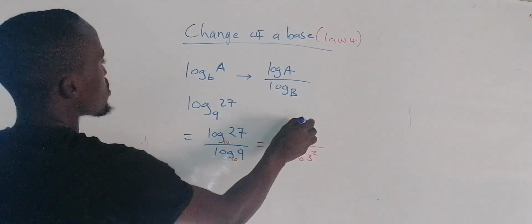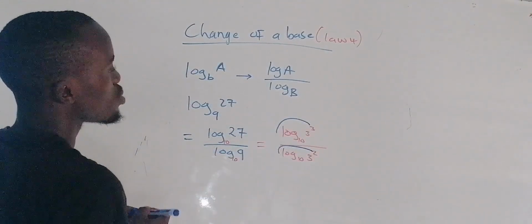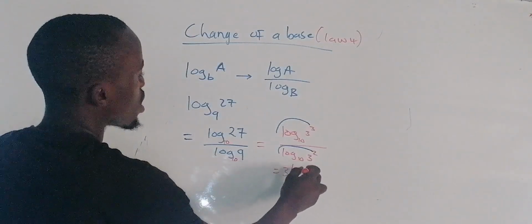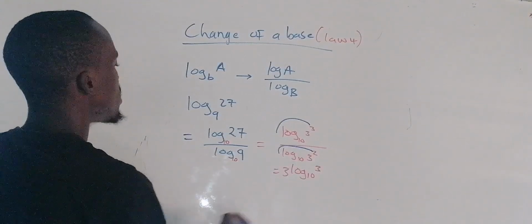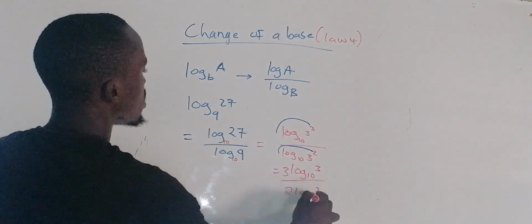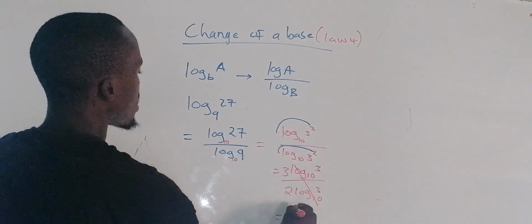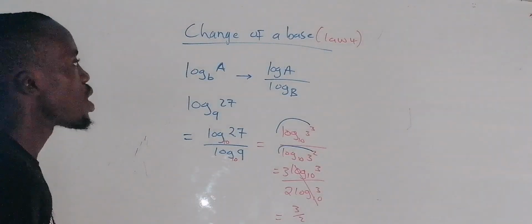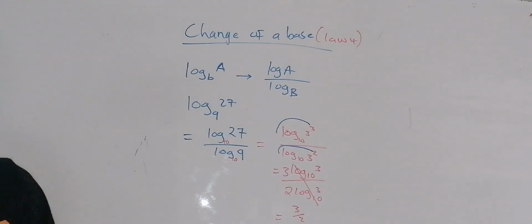So this becomes a coefficient 3, and that becomes a coefficient 2, meaning that we have 3 log 3 base 10 and 2 log 3 base 10. These ones cancel, and we have our answer as 3 over 2. So it's very important for you to know how to do it, guys.